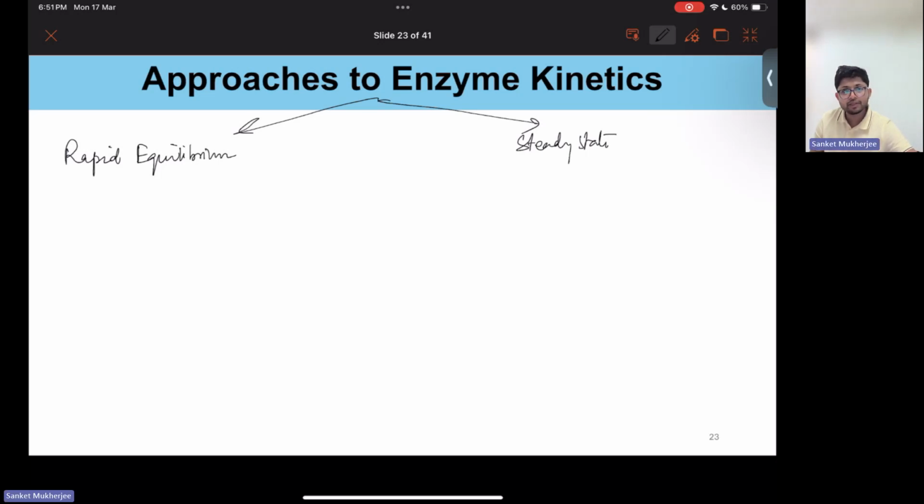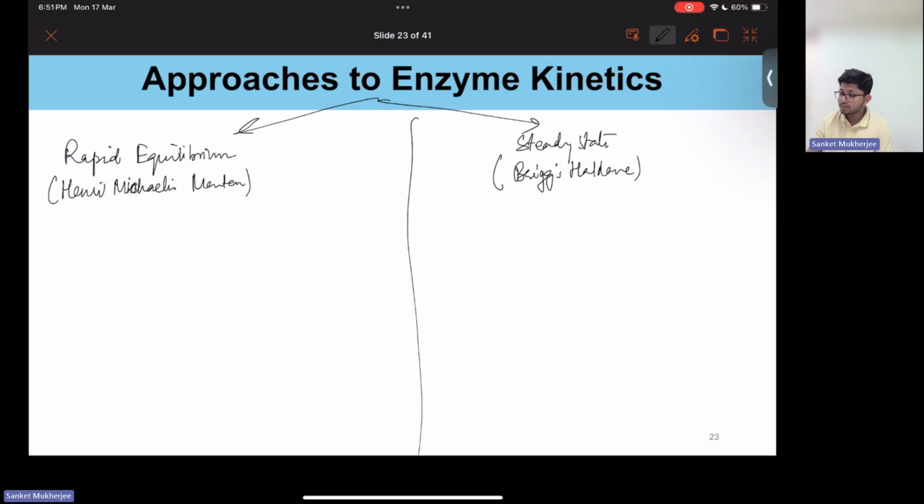So in rapid equilibrium, it is also known as Henry-Michaelis-Menten, popularly known as the Michaelis-Menten equation. Steady state is by the Briggs-Haldane. We'll study what are the assumptions in both the cases.